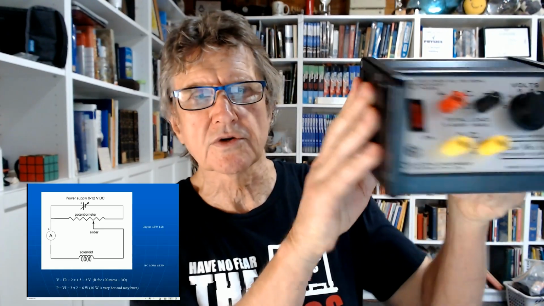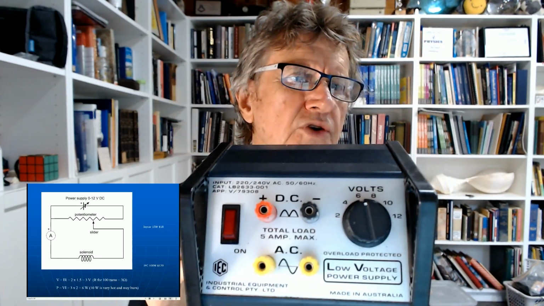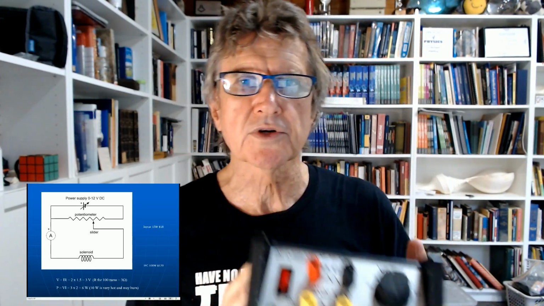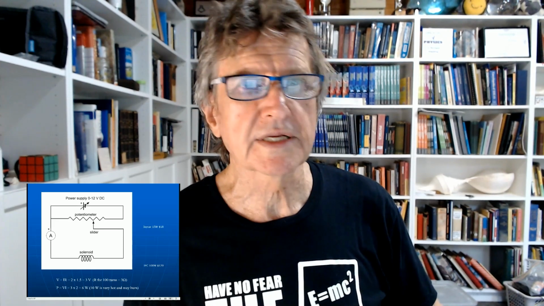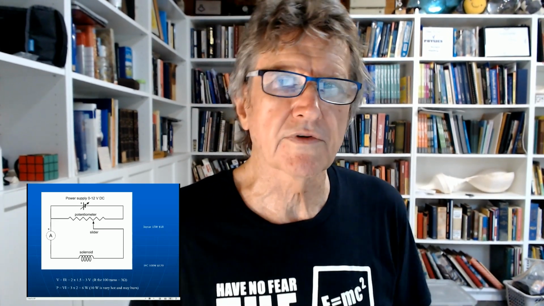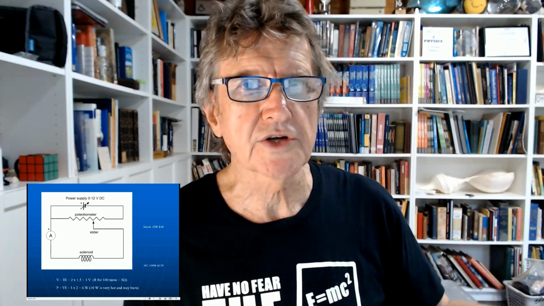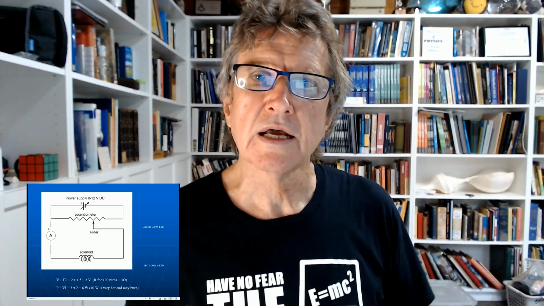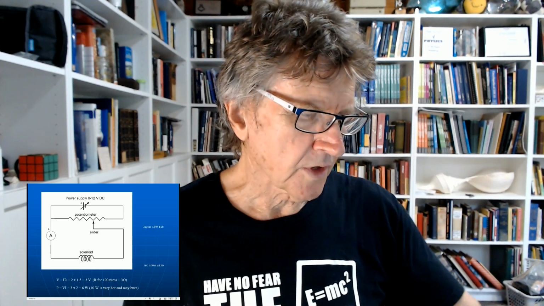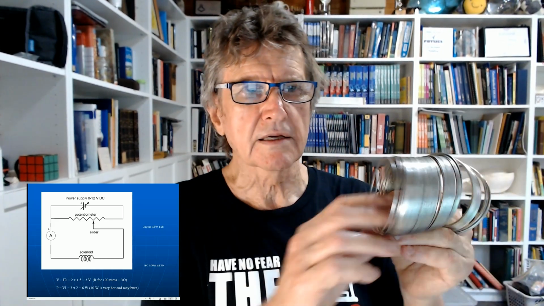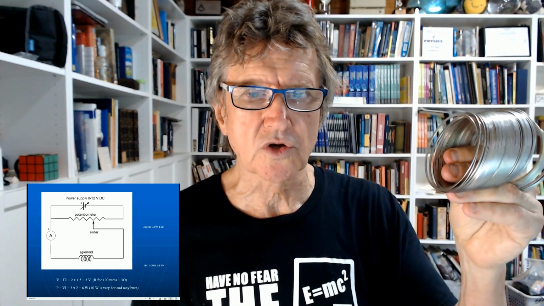This is just an ordinary laboratory power supply, nothing tricky in that. You can go up to 12 volts DC. It does cut out at 5 amps, so if you try to draw a current greater than 5 amps, there's an isolation switch inside that will click it off so it doesn't overheat and burn out. I've got the slinky, which is the solenoid part of the image.